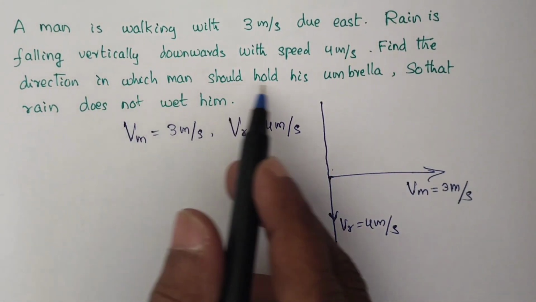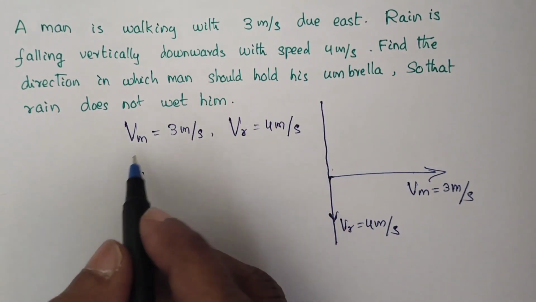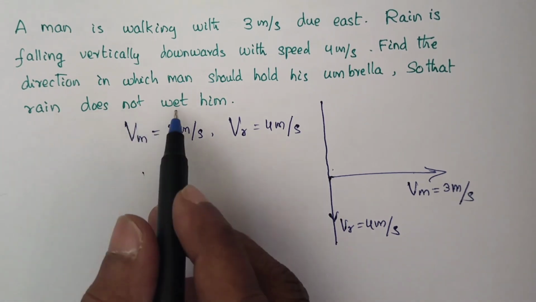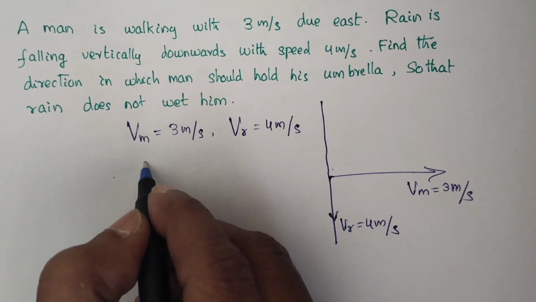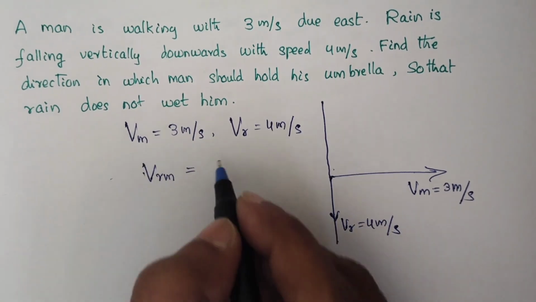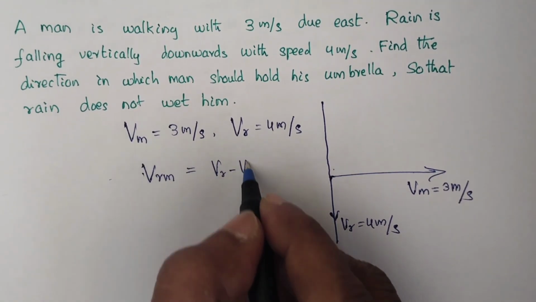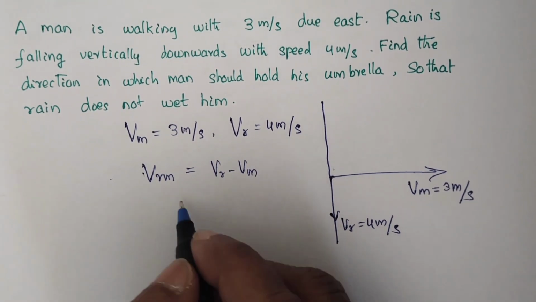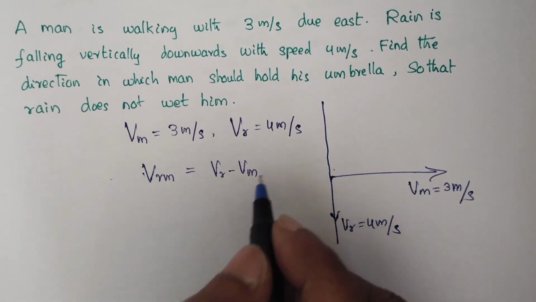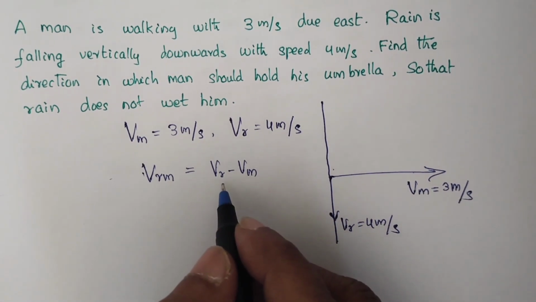Find the direction in which the man should hold his umbrella. To not get wet, he holds his umbrella in the direction of the rain with respect to man. That means we should find Vr minus Vm, its direction and magnitude.